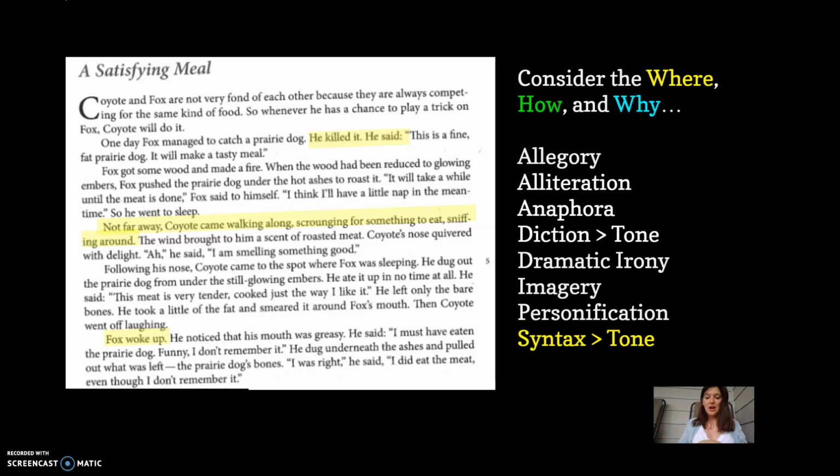Well, it's throughout the entire piece. Syntax is sentence structure, and so every single sentence has syntax because it's a sentence. What I wanted to point out are just some key moments where we see "he killed it," "he said," and then "Fox woke up." These are very simple sentences, and in their simplicity they create this tone of the trickster story, the idea that it's using very simple, almost childlike stories, utilizing animals almost like a fable in order to teach a very important life lesson.